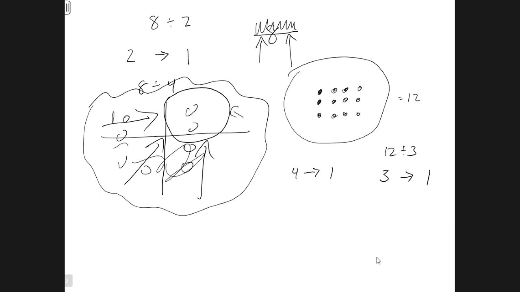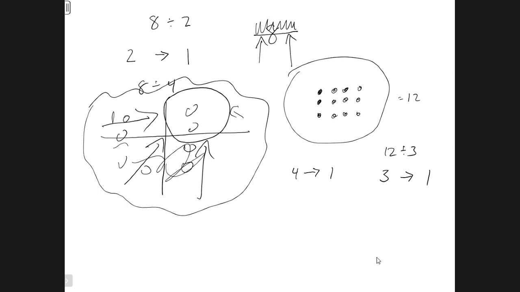And dividing by 3 means before you had 3 rows, now you only have 1 row. So before you had all of these, now you only have this one, which is 4. Which means that 12 divided by 3 is equal to 4. Before you had 3 rows, now you only have 1 row, and 1 row contains 4 balls. So the answer to 12 divided by 3 is equal to 4.